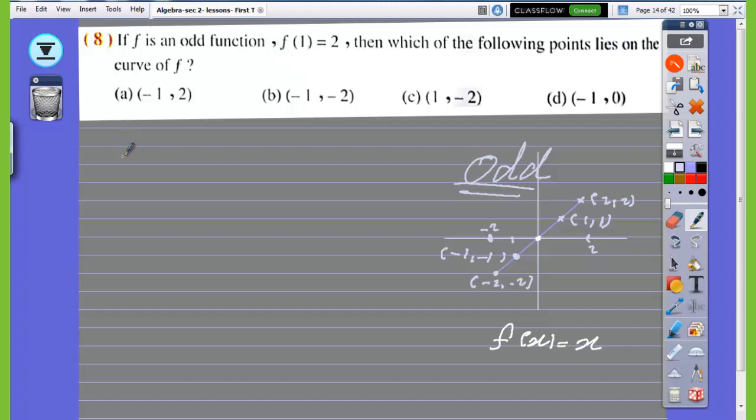From the given, we have f of 1 equals 2. So from the given here we can say that 1 and 2 belongs to the curve of the given function f.